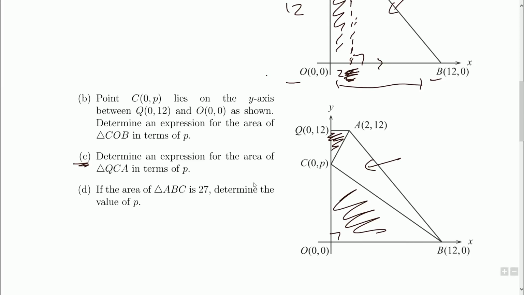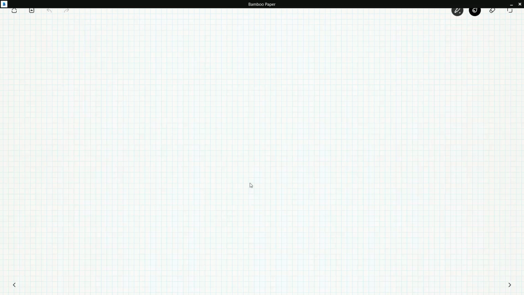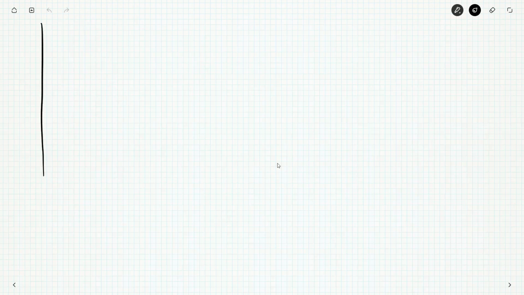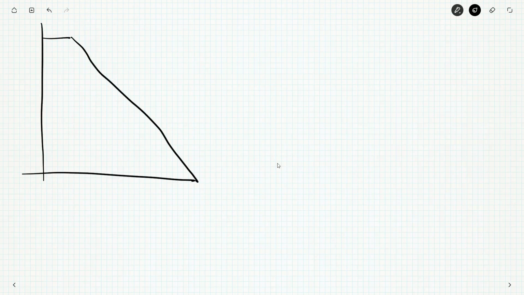So I can actually do all 3 of these together almost. We'll redraw the picture here. So I'm splitting my trapezoid up. Now, in part A, we figured out the area of this trapezoid. We have 12 here.